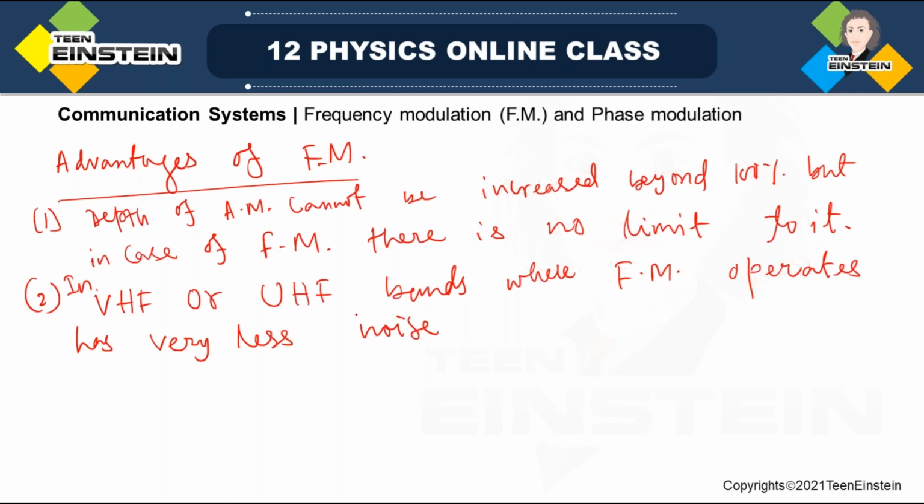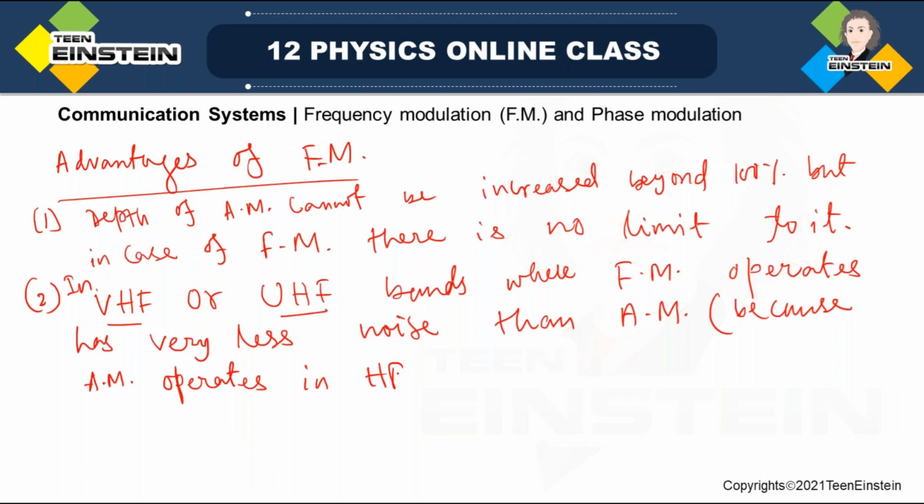Generally FM is operated at ultra high frequency or very high frequency, so there the noise is less than AM, amplitude modulation, because amplitude modulation operates in high frequency or the medium frequency MF. So that's the reason.